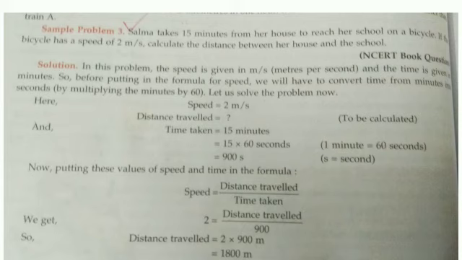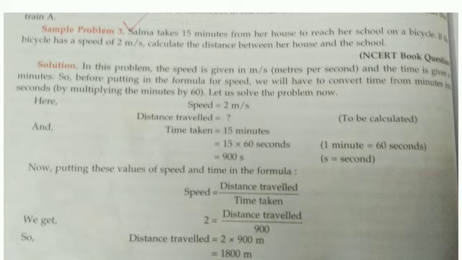Minutes to seconds by multiplying minutes by 60, because 60 seconds is equal to 1 minute. So 15 minutes is equal to 15 into 60, meaning 900 seconds.